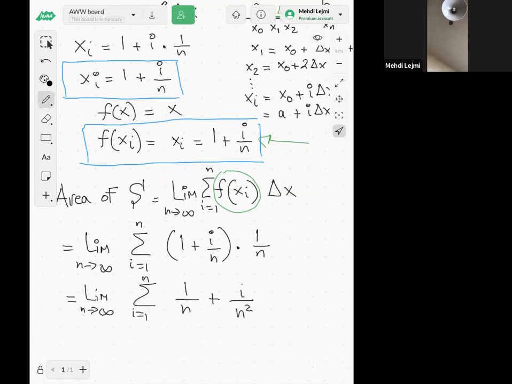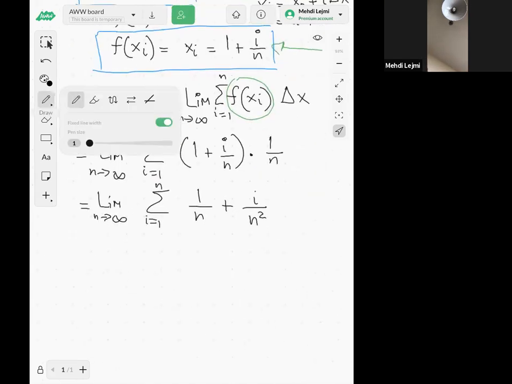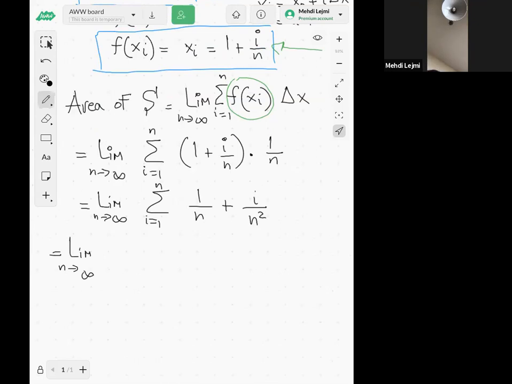So let's just split this sum here. We have the limit as n goes to infinity. First we have the sum, i going from 1 to n, of 1 over n.